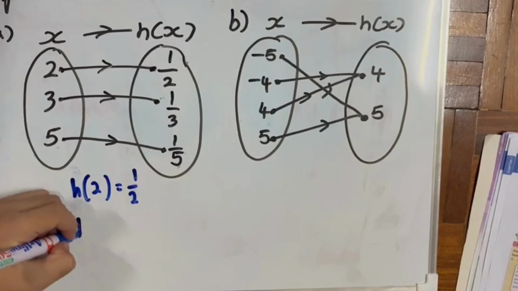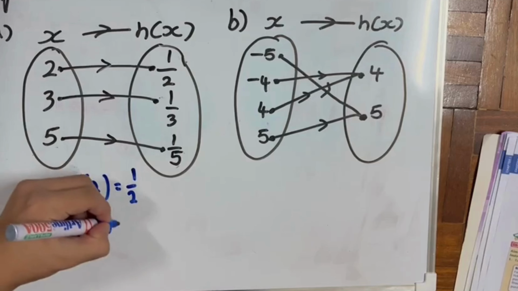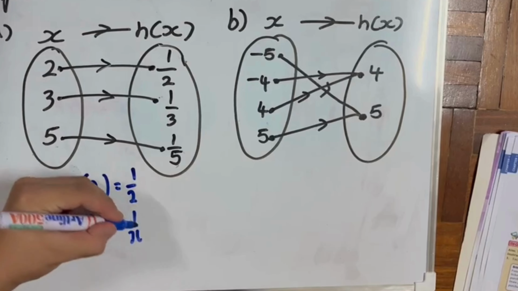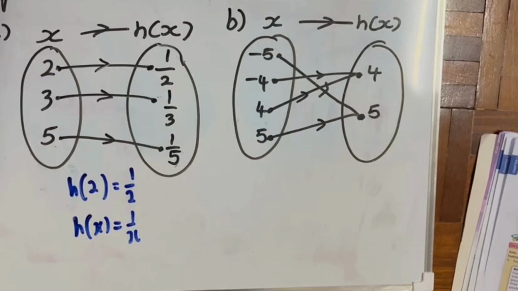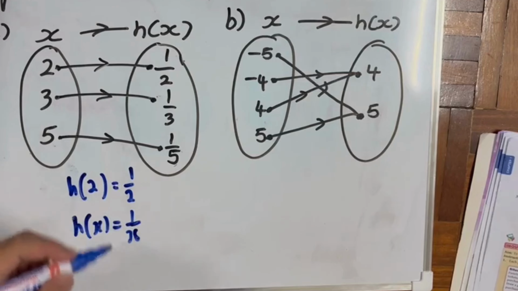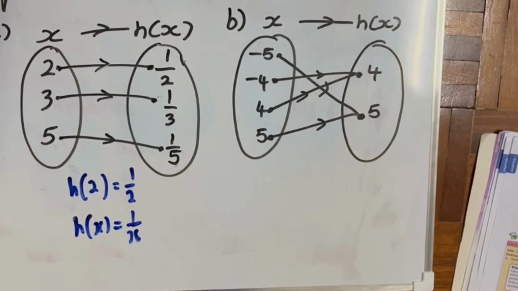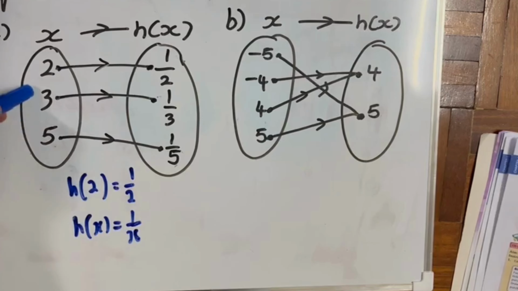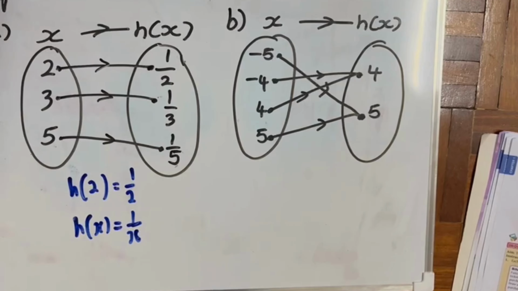You divide: 1 over x. So h(x) equals 1 over x. This is the function equation for 2a, because when you put 3 inside, it also becomes 1 over 3. You put 5 inside, it also becomes 1 over 5.